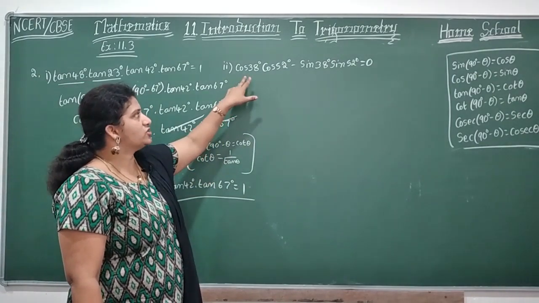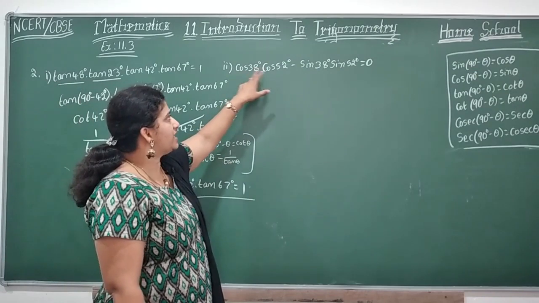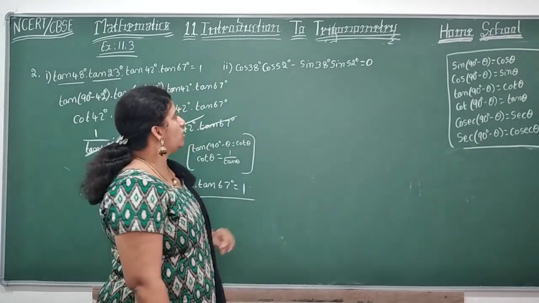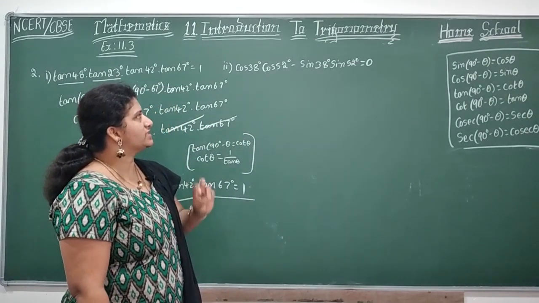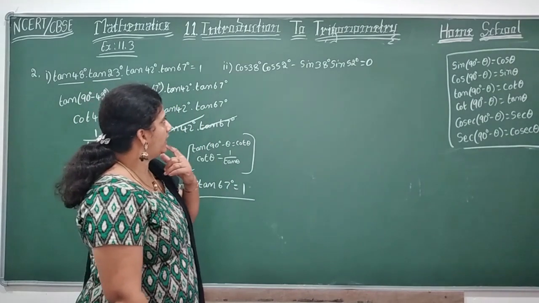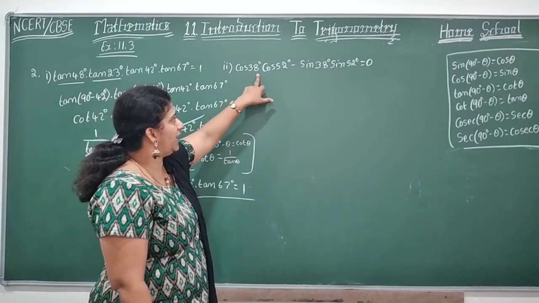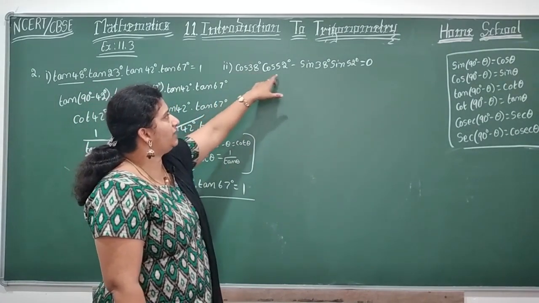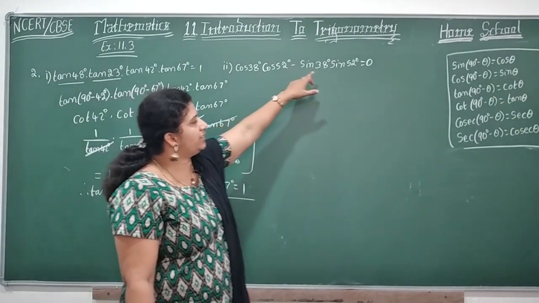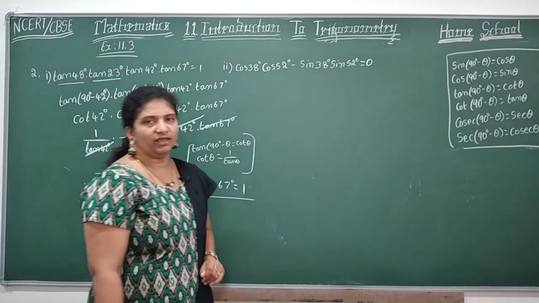Look over there. So here cos 38, cos 52 minus you have. So have a look. Which two sum is 90? Here cos 38. 38 plus 52 will be 90. So again 38 plus 52 will be 90.